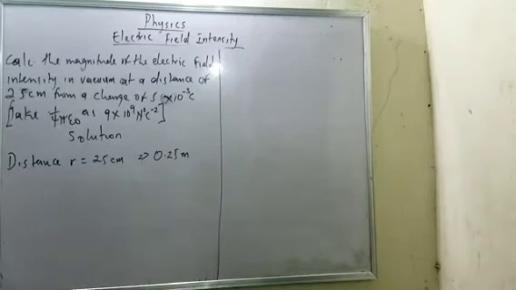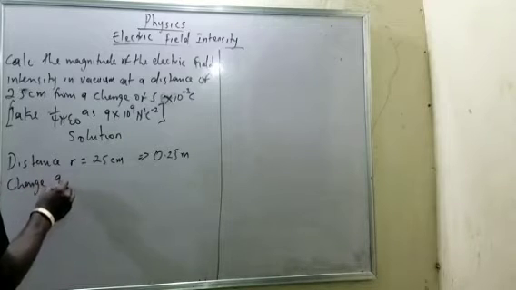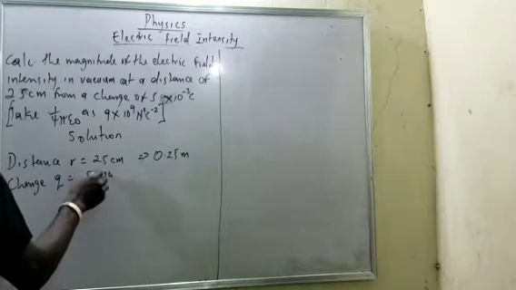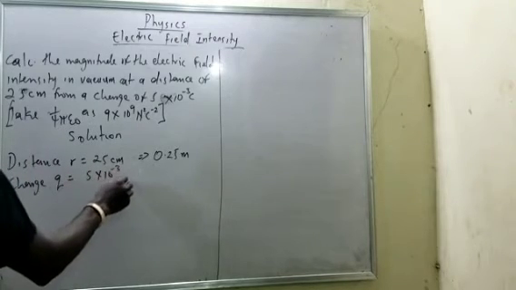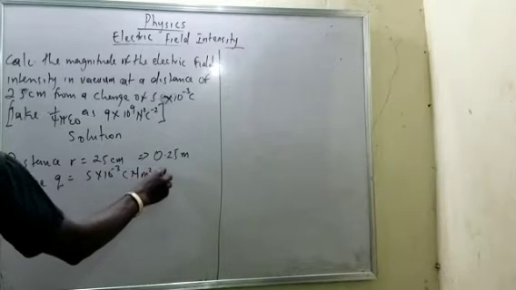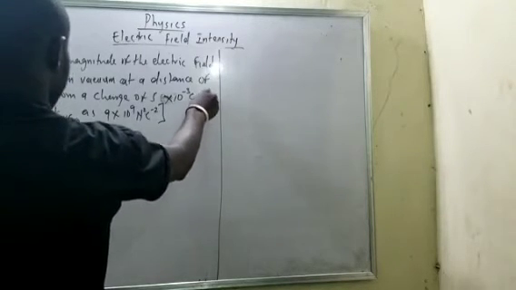Now, that's what I'm using. Next thing I'll be talking about is my charge. My charge, which is my Q, will be equal to 5 multiplied by 10 raised to power 3 coulomb. I didn't read the question very well.